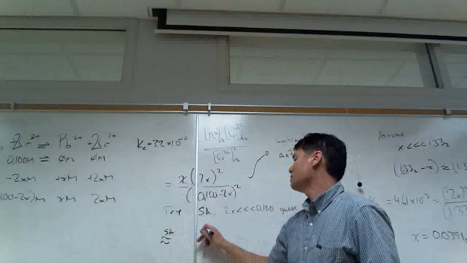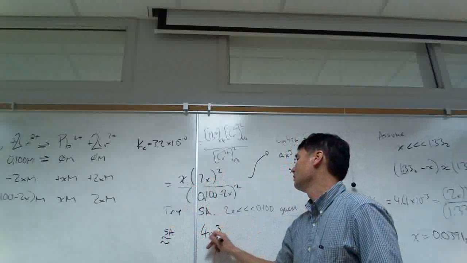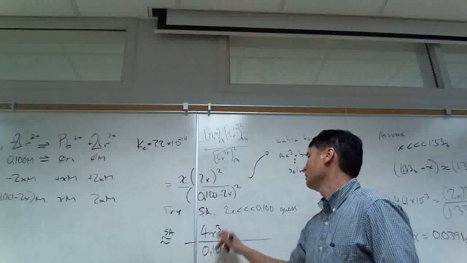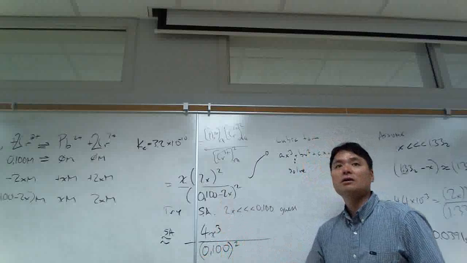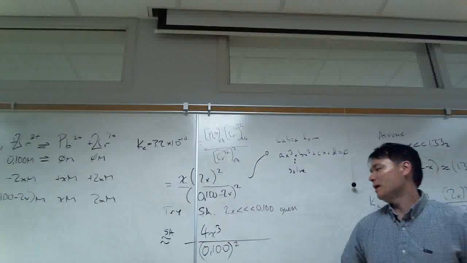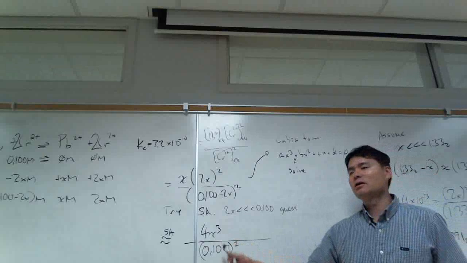And so trying out the simplifying assumption, we're going to get 4x cubed divided by 0.100, and the 2x drops out and gives us 0.100 squared. Now you don't have to buy the $20 calculator to do a cube root, right? You could just do the $8 calculator for that.